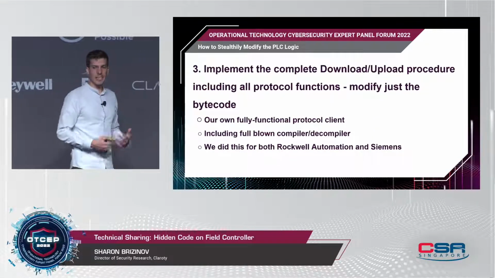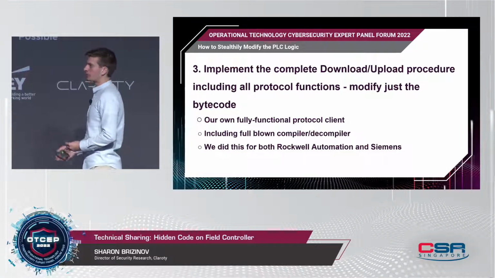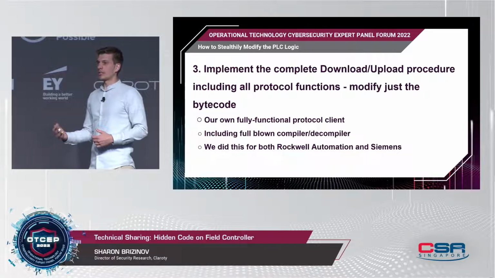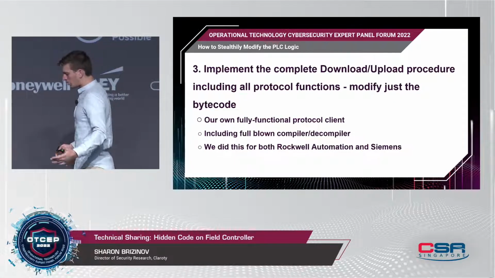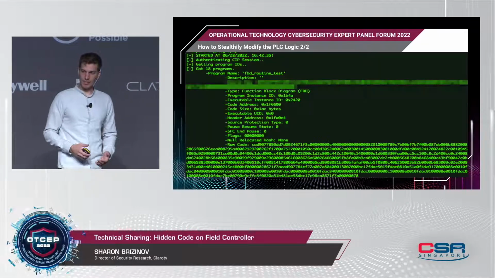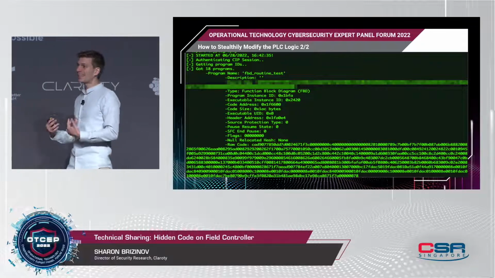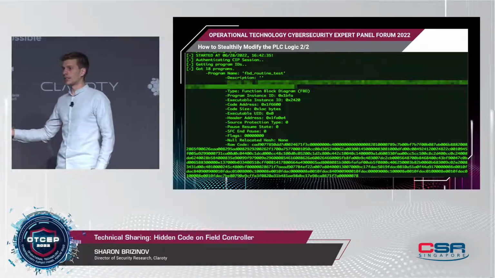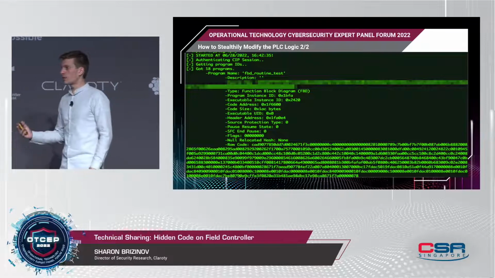The next method is implementing the entire protocol stack and the entire download and upload procedures, and actually implementing the compiler. We were able to do this for both Rockwell and Siemens. How does it look? It looks like this. This is a client, my Python client, that knows how to interact with the PLC to both set and get programs.